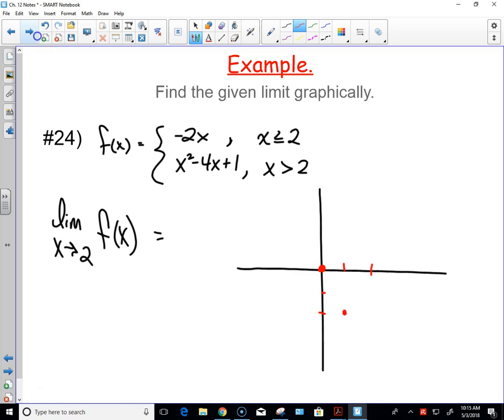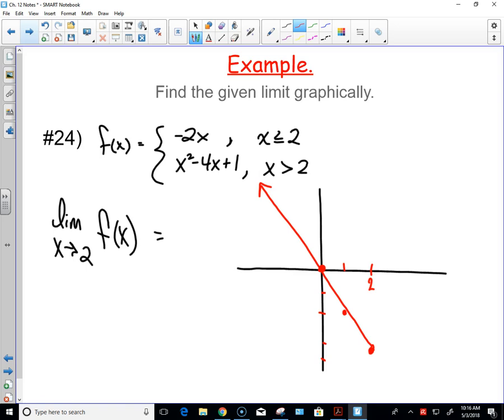If I plug in 2, that's down 4 over 1. Why do I have a filled in point at 2? Or equal to. Okay, so I filled in the circle. All the x values less than or equal to 2, that's the graph.